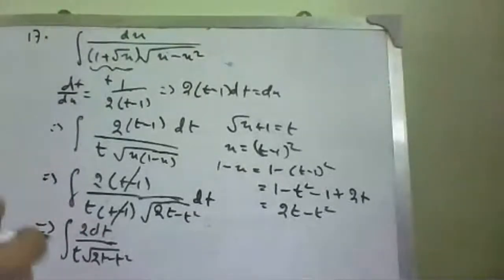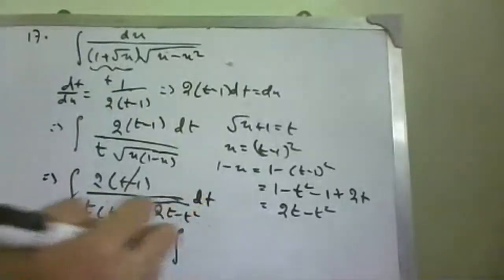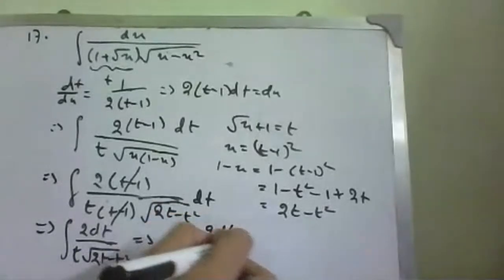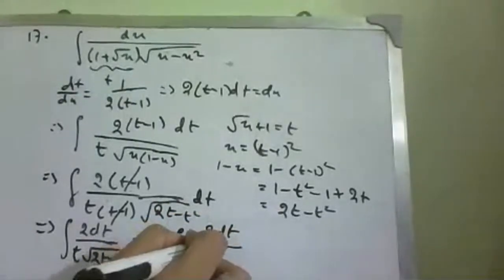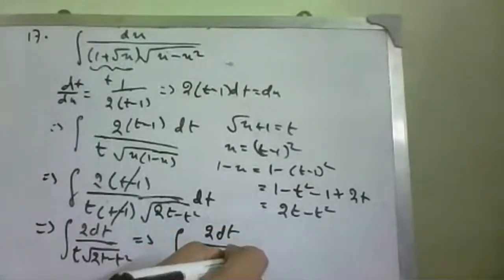So what if we take t square common from here? Yes, I think it will work. If we take t square common from here, we will be having 2 dt over t square root over 2 over t minus 1.